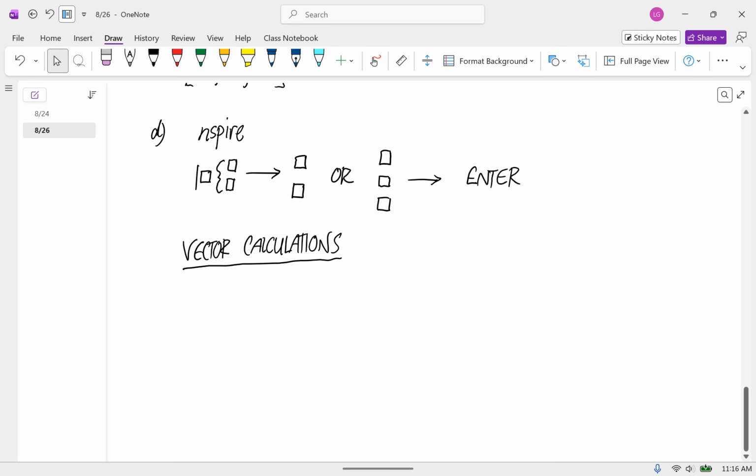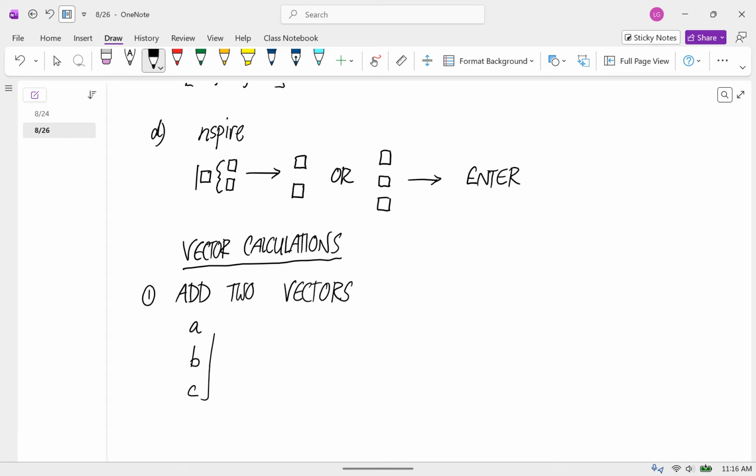The first one is adding two vectors. So if you're adding the vectors A, B, C plus D, E, F, in order to add those, all you do is add the like components.